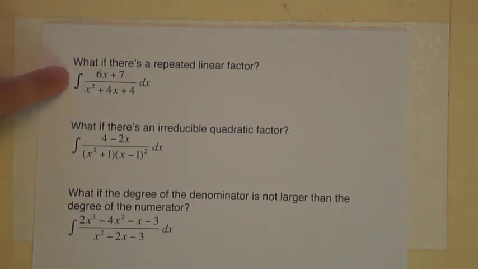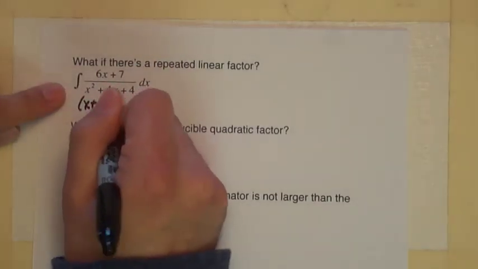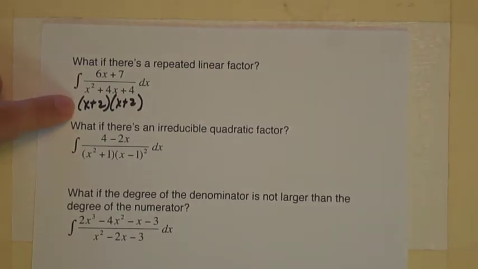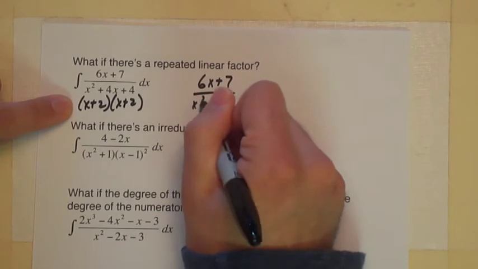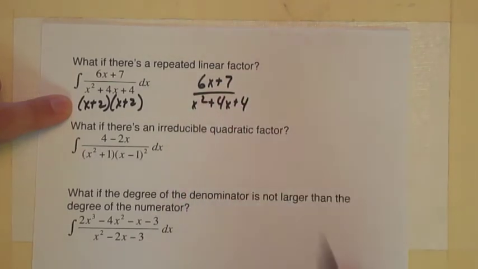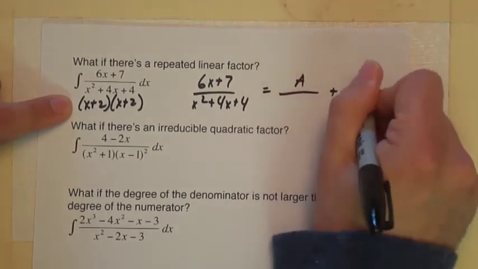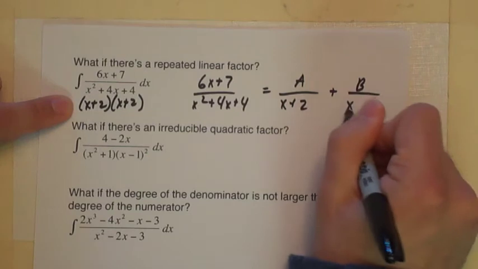What if there's a repeated linear factor when you factor the bottom? For example, this thing factors as x plus 2 times x plus 2, or x plus 2 squared. So it might be tempting to write this when you're decomposing this into partial fractions: A over, b over, and the two factors are x plus 2 and x plus 2.